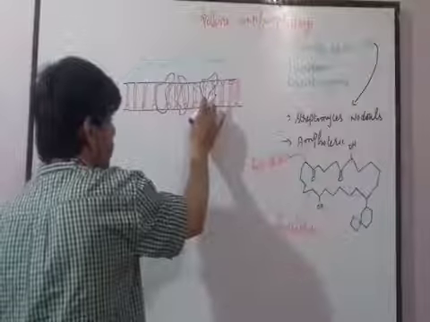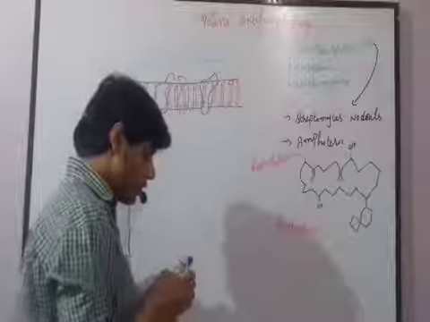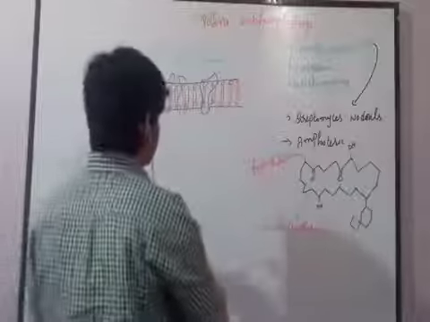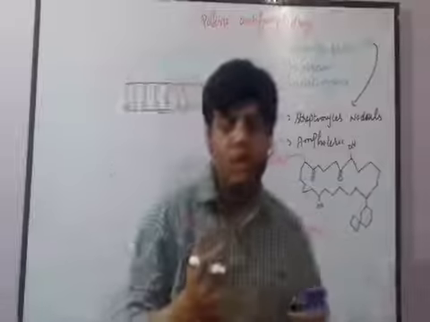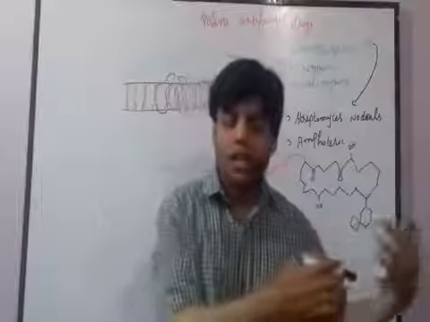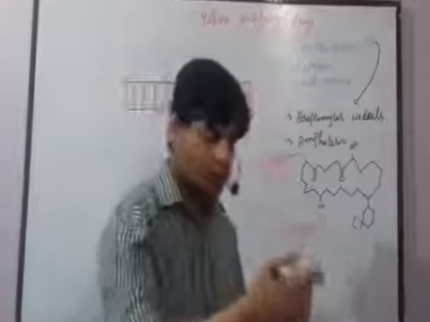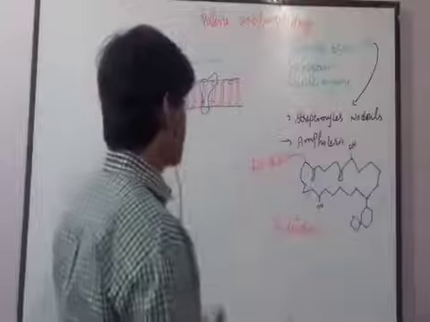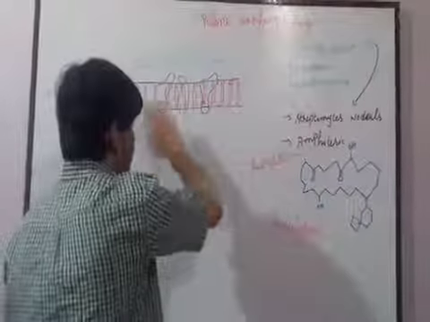This blue one as I draw, these are the ergosterol molecules. Due to this ergosterol, the cell membrane is very stable, shows protection, and also helps the fungi in the outer atmosphere. So this ergosterol is very important. So this is about the cell membrane.